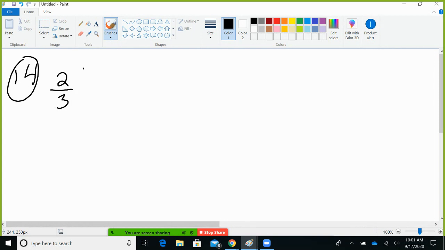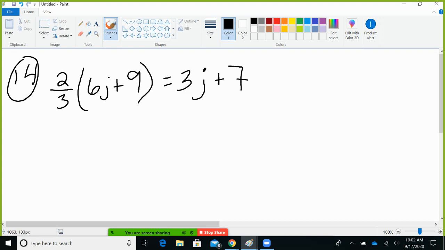2/3 times the quantity 6j plus 9 equals 3j plus 7. All right, now these fraction multiplications are a little bit more difficult. 2/3 times 6j and 2/3 times 9.